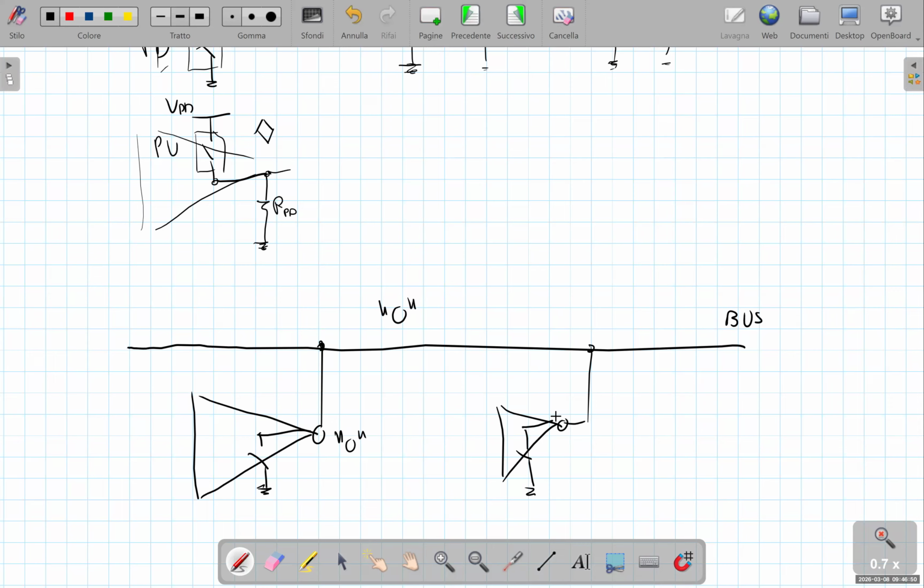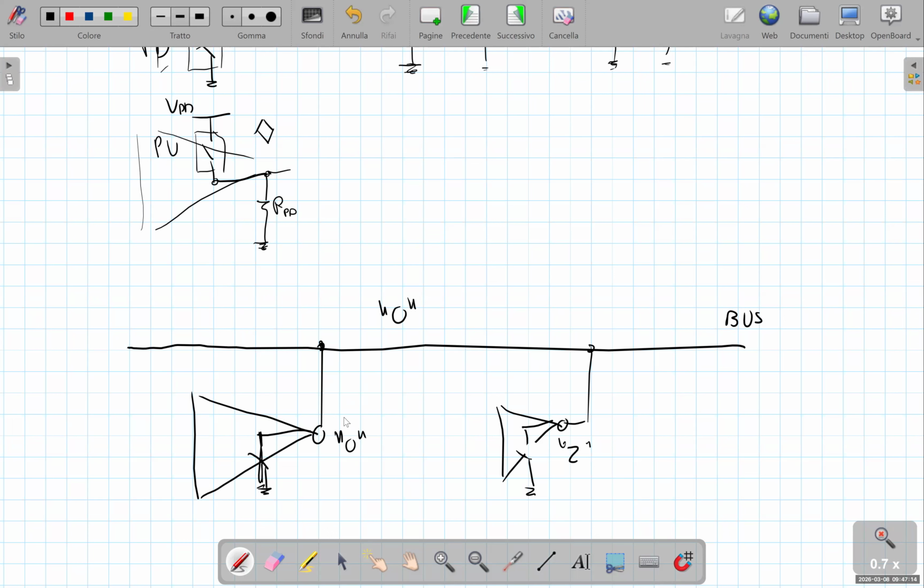If both gates force the output low, the output clearly is low. And if just one gate forces the output low and the other has its pull-down network not active, so it is in a high impedance state, there is no problem. The bus is driven low by the only active gate.